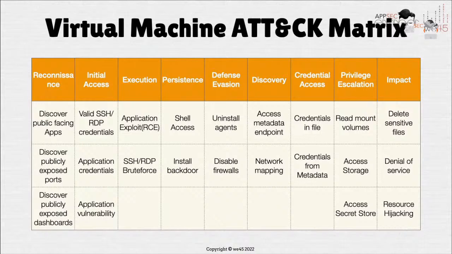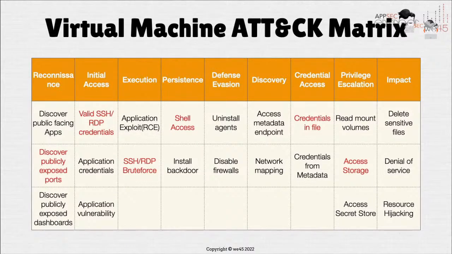So for today's attack, we'll be performing a bunch of attack tactics and techniques. Here we'll try and discover a publicly exposed port on a publicly exposed IP address. So a virtual machine is running on a particular IP address. We'll try and expose that particular IP address to the outside world, and we'll try and find out what ports are exposed on it.